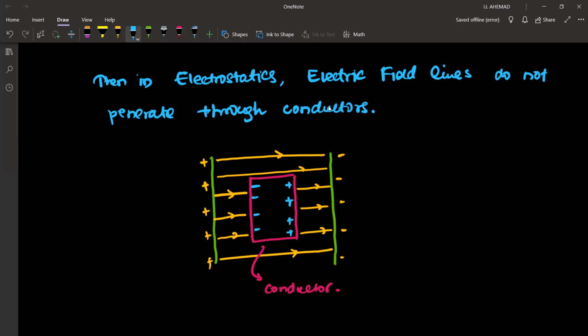What can you tell about the field inside, the induced field? There will be an induced field, right? It will be towards your left. So I'll say it's E inside, using another color.